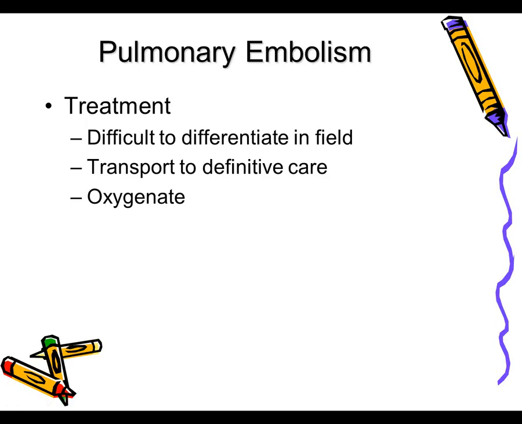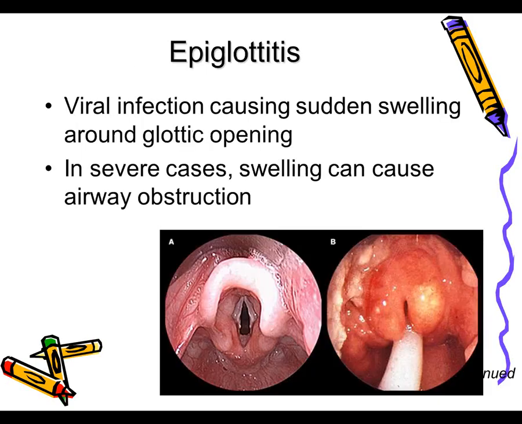And one indicator that it is a pulmonary embolus is that if their SATs are low and you give them 100% oxygen, and the SATs don't improve, then that's a good indicator that you're not able to get that oxygen into the bloodstream. And that can often be caused by blood clots. If you have the ability to monitor end-tidal CO2, you'll see a low end-tidal CO2 that does not rise when you give them oxygen either.